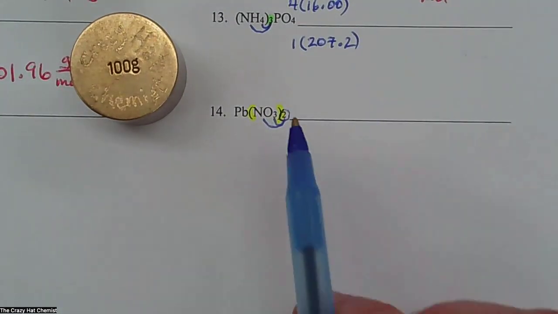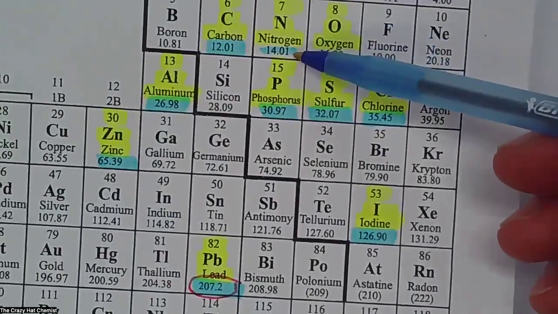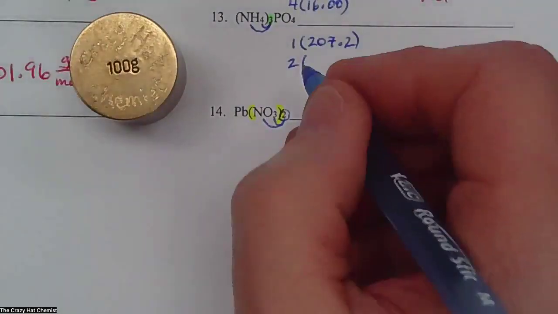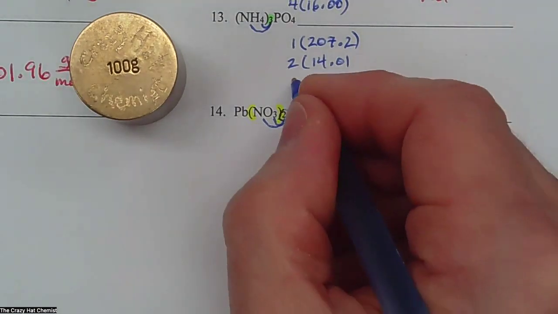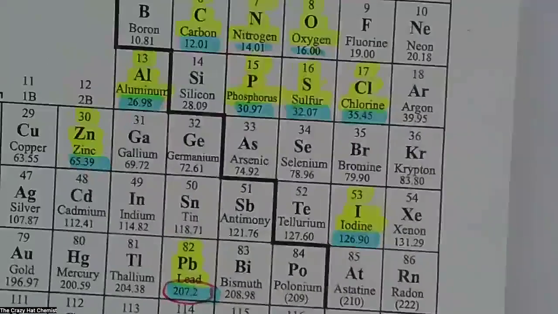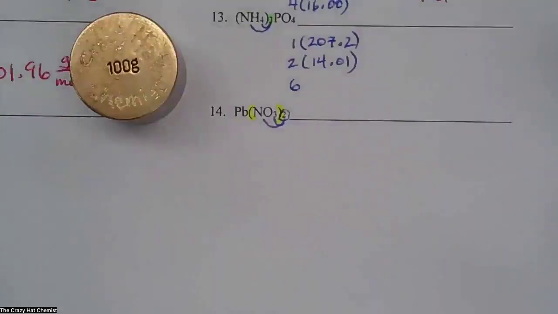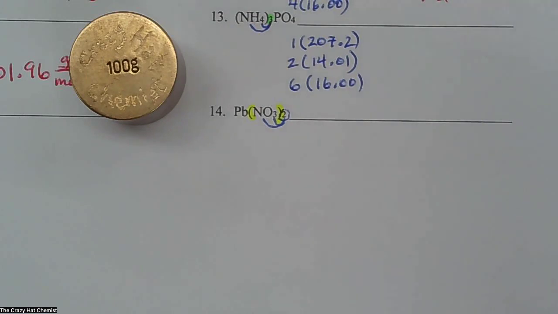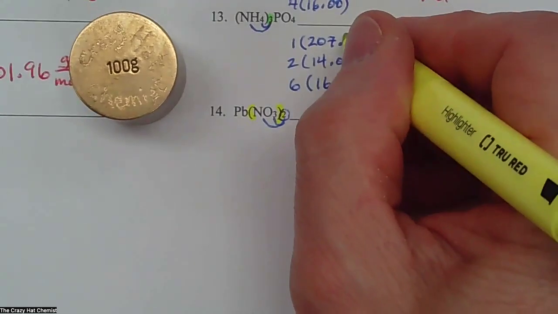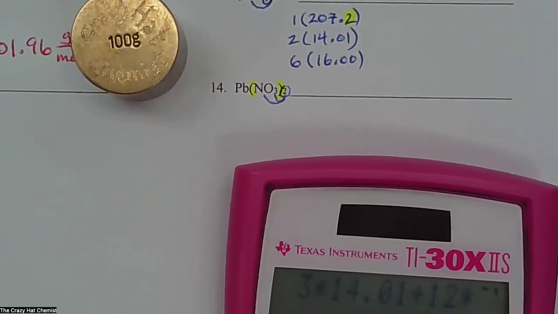We've done nitrogen here, and there are 2 nitrogens, and nitrogen is 14.01, and there are 2 times 3, that's 6 oxygens, and that is 6 oxygens at 16.00 each. Okay. I'm just going to highlight that again, lead has 1 decimal place. So we're going to take advantage of that here, of that little quirky thing in just a moment.